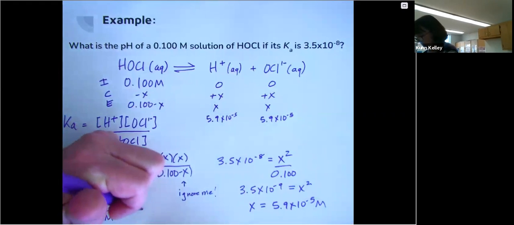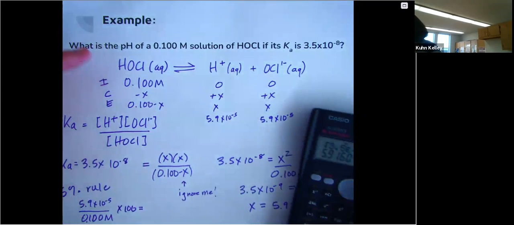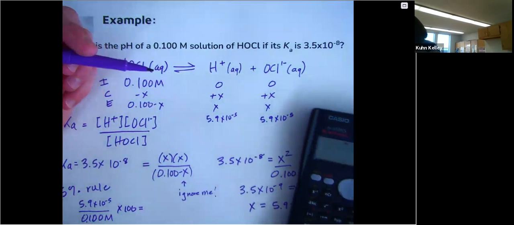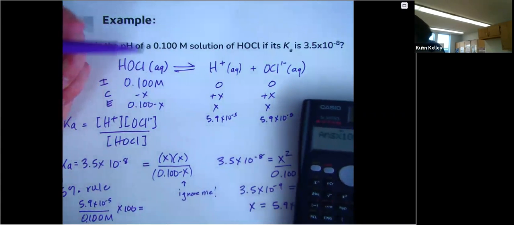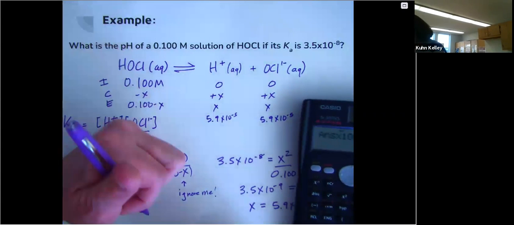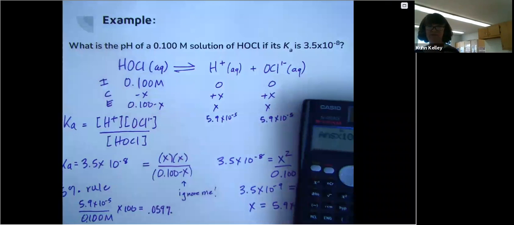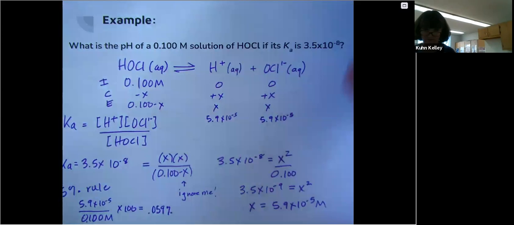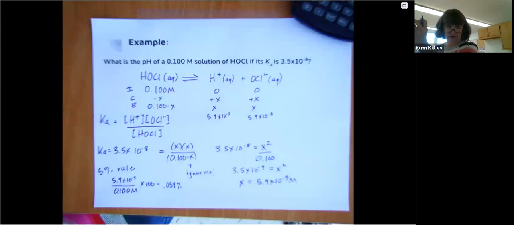We're making sure that X divided by my initial concentration times 100 is less than 5%. So 5.9 times 10 to the negative 5th divided by 0.1 times 100 is 0.059. So way less than 5%. Sorry, let me zoom out just a little to make sure you can see all that.